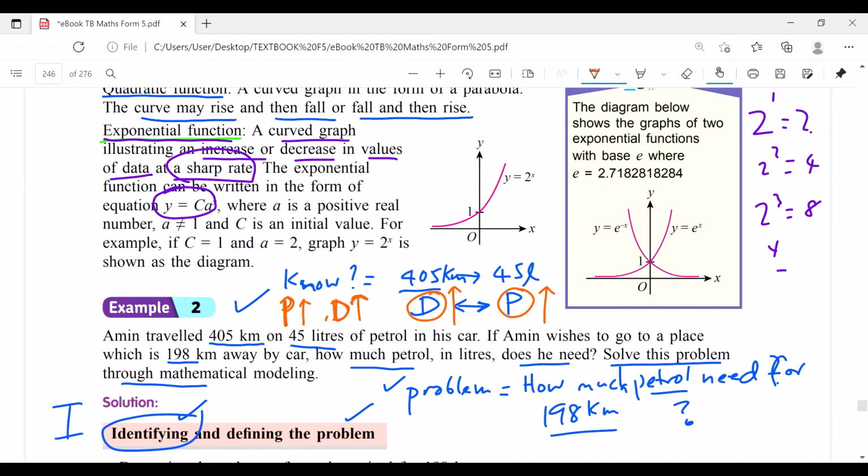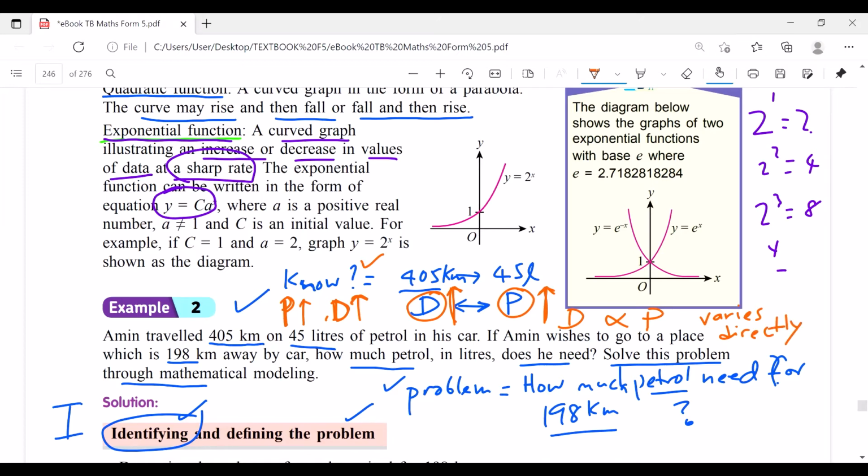So you can say that what you know is, remember, there is a term for that. When one quantity increases, the other one also increases, you say that the distance varies directly with the petrol. Remember, varies directly.